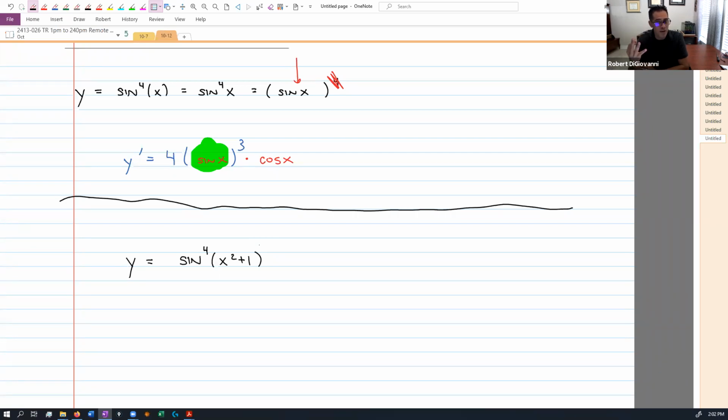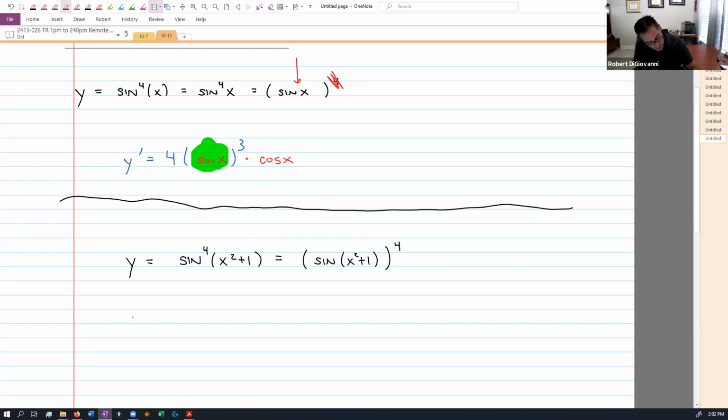This is not 2 functions, this is 3. You'll see it a little better if I rewrite it like this. That 4th power really means this sine function, whatever's in it, all to the 4th. Do y'all see that?